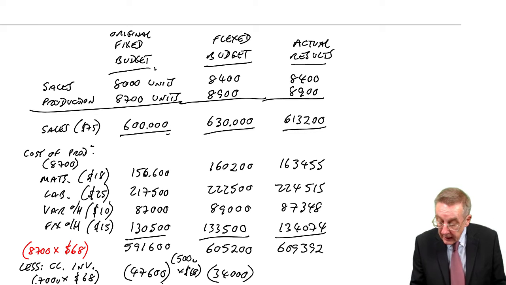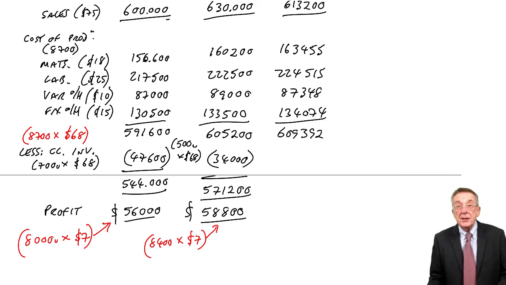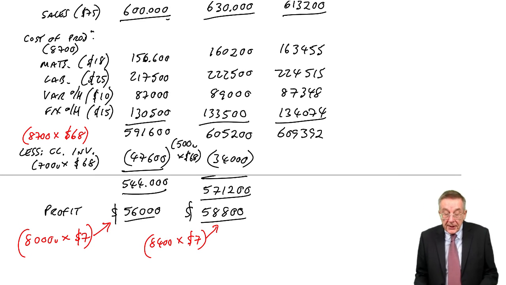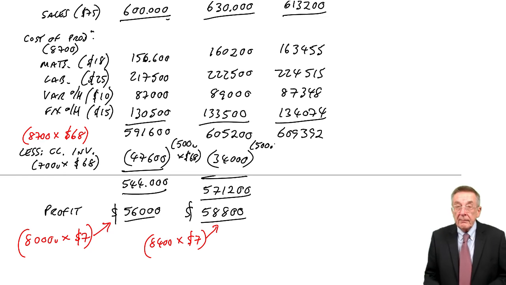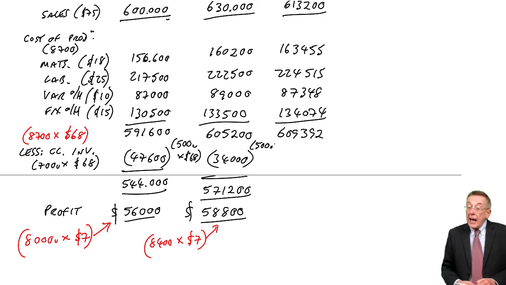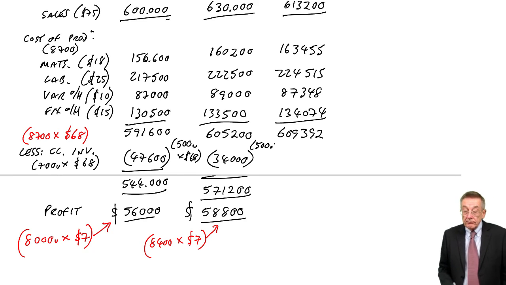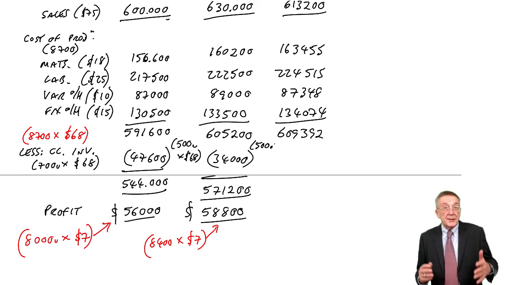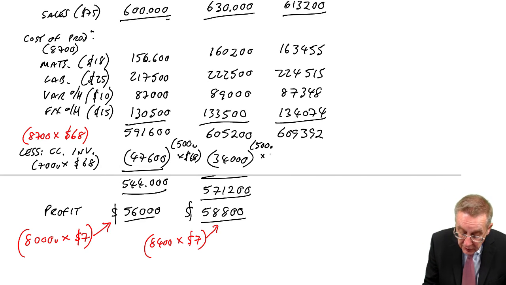But that's the cost of the 8,900 produced. Again, we need to subtract the closing inventory of 500 units. And whatever the actual cost of production turned out to be, certainly in variance analysis, we always value the closing inventory at the standard cost of 68.